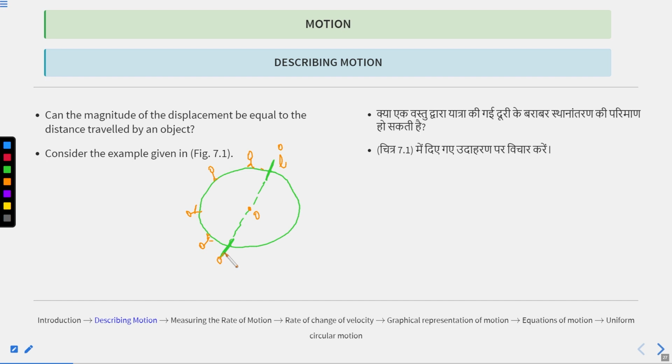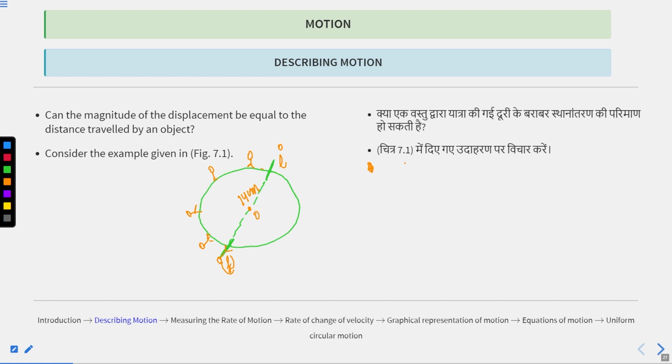Now you finally reach this position, which is your final position, and you learned that this final position is the diameter of this circle, and let's assume the diameter of the circle is 14 centimeter.